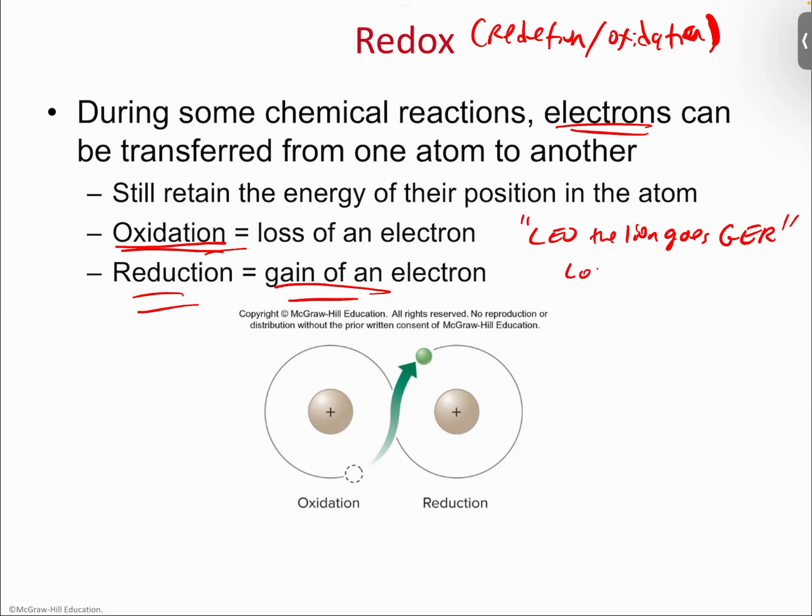What does that mean? Loss of electrons is oxidation. Leo. Grr, gain of electrons is reduction. Grr.